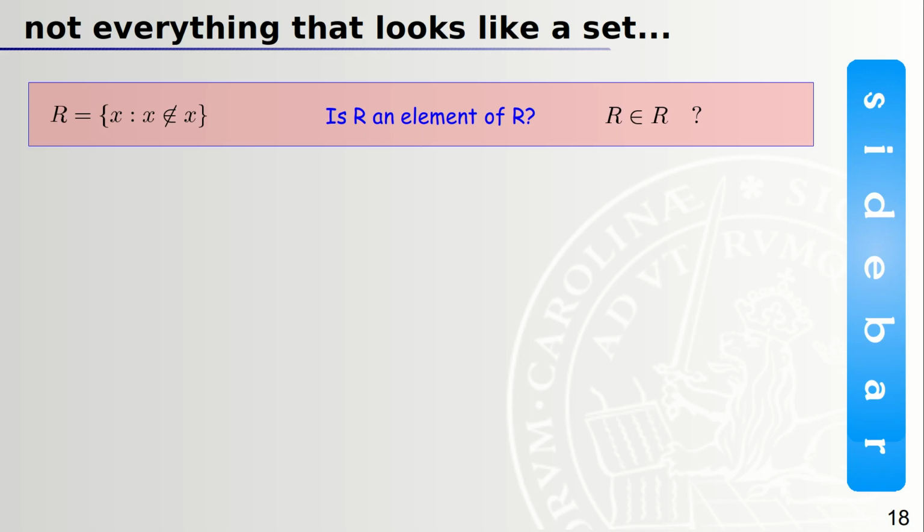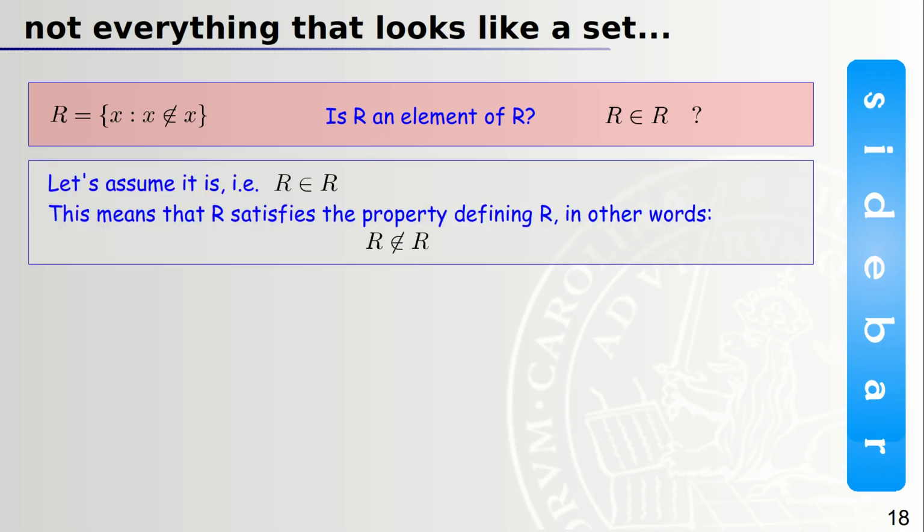So we should be able to answer that question by going to the definition of R. However, if we assume that the answer to that question is yes, that is, R is an element of R, it means it must have the property required by the filter in the set comprehension defining it, which was x does not contain x. In other words, if R is an element of R, it implies that R does not contain R as an element. That's not good.